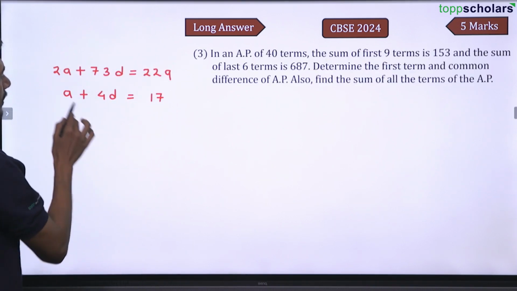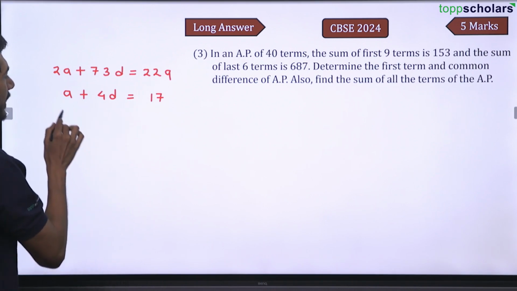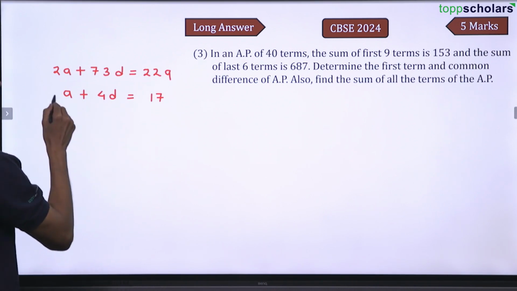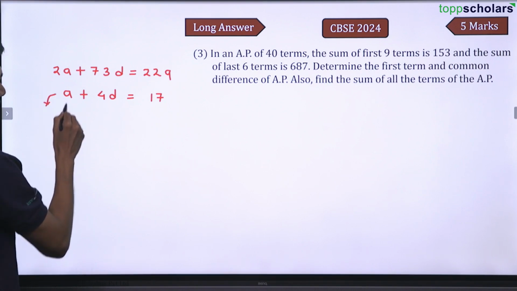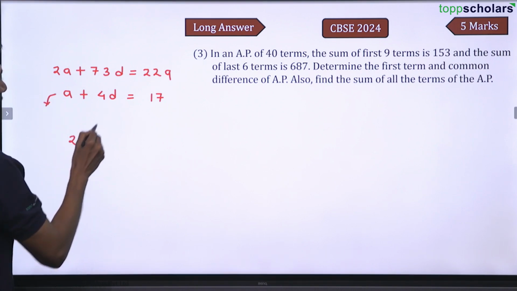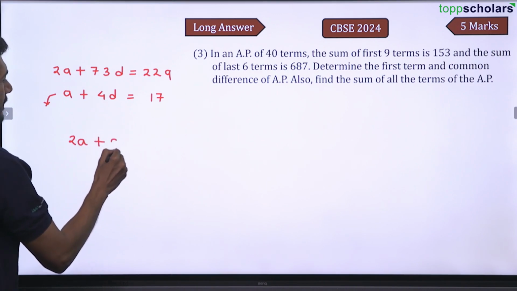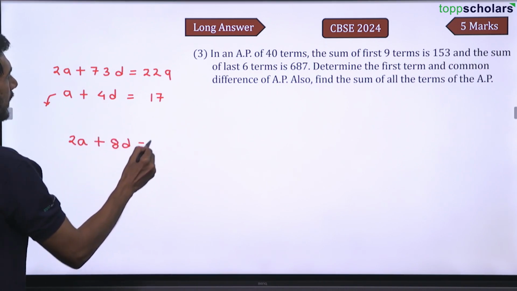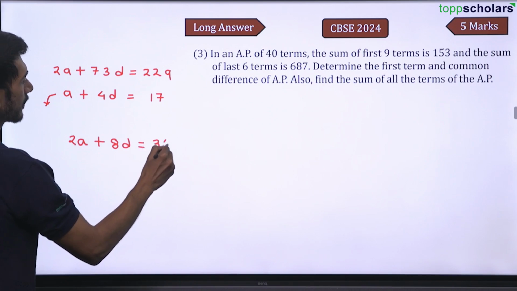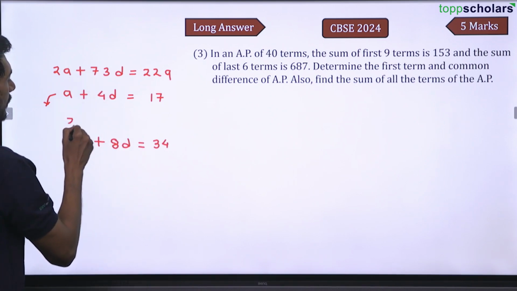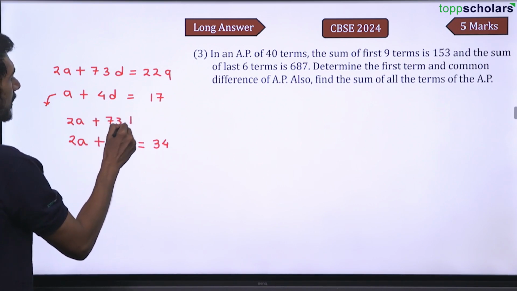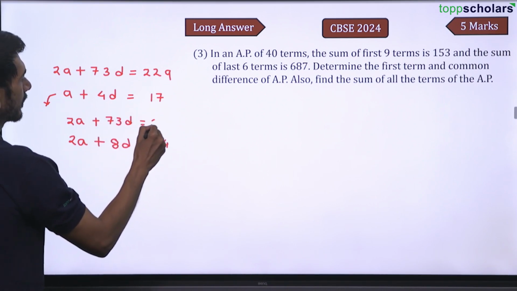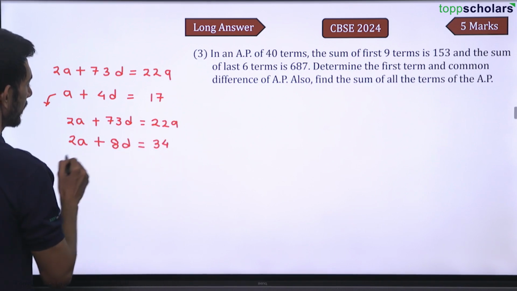So you can multiply this equation by 2. This will become 2a, 4d will become 8d, and 17 2s becomes 34. Then write this equation above, 2a plus 73d is equal to 229.